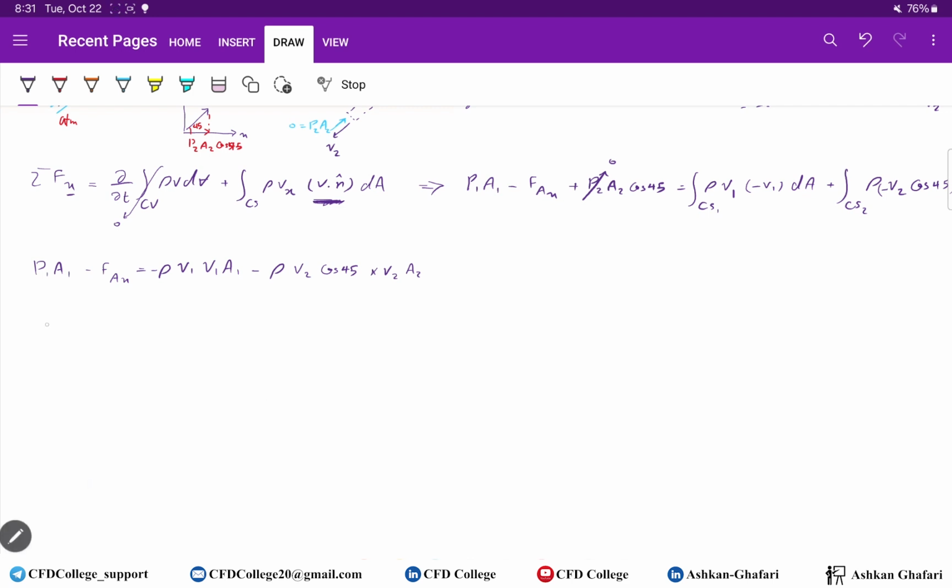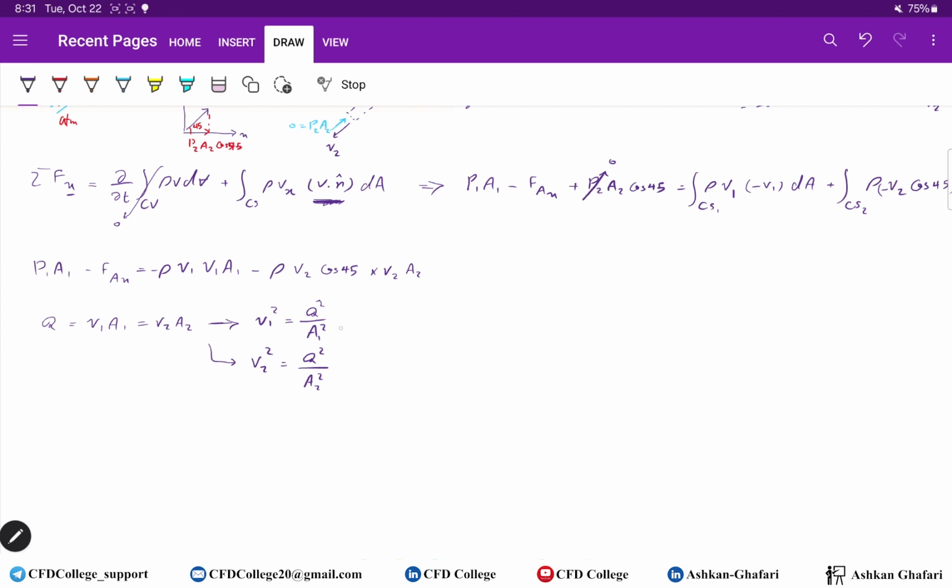Okay, now we should find the flow rate. As you know, Q equals V1 A1 equals V2 A2. So from this equation we can find V1 square equals Q square over A1 square, and V2 square equals Q square over A2 square.